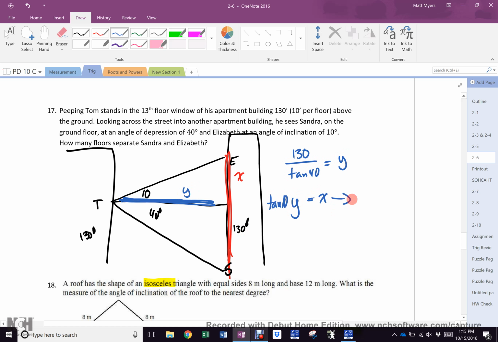And x is something like 27. X is 27, which means this is 27, which means this is 157, which is approximately 16 floors.